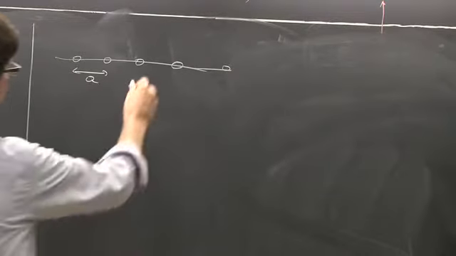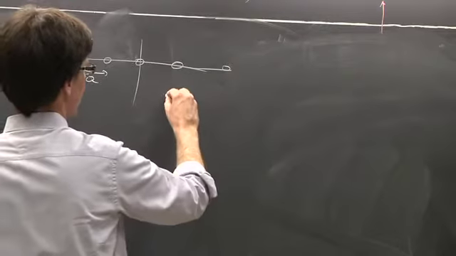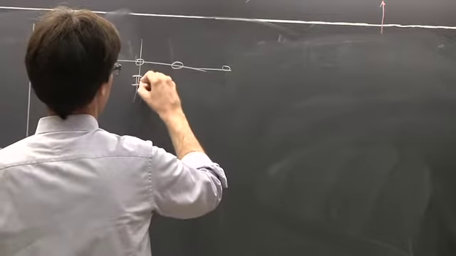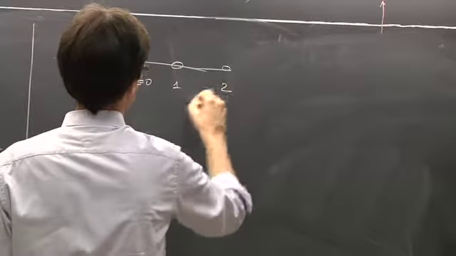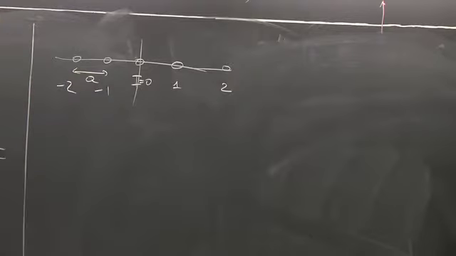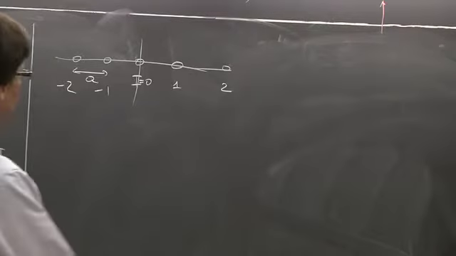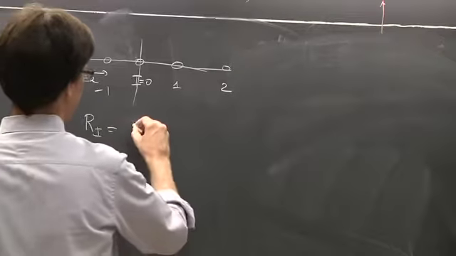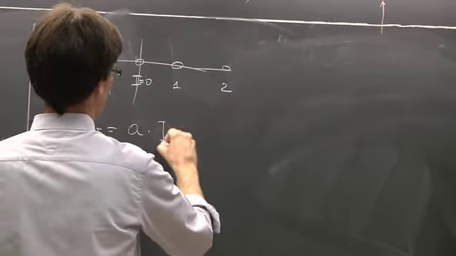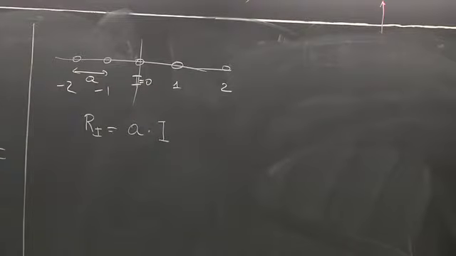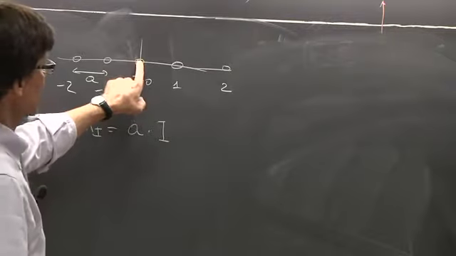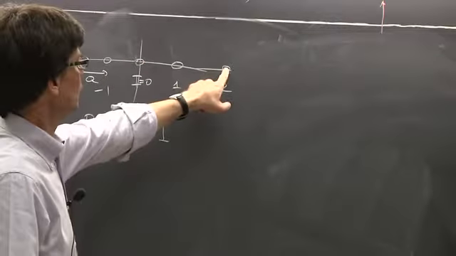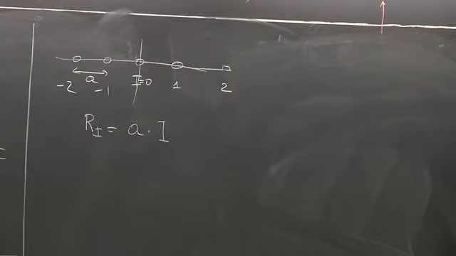So if I place the origin, say, here, the positions are labeled by I, and suppose I label the I's as follows: 0, 1, 2, -1, -2, and so on and so forth, and use that I to label the positions from -infinity to +infinity. Then the position of atom I is given by a times I, right? Because atom 0 is at 0, atom 1 will be at a, atom 2 will be at 2a, and so on and so forth. Atom -1 will be at -a, and so on.